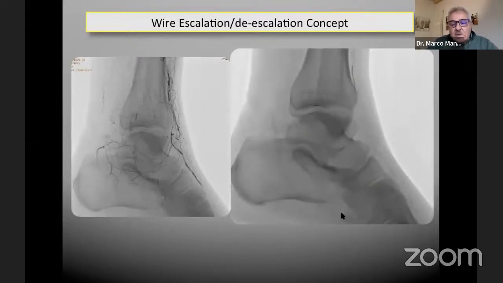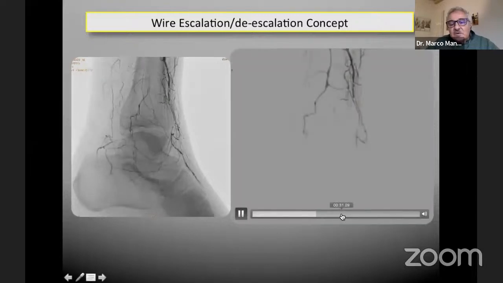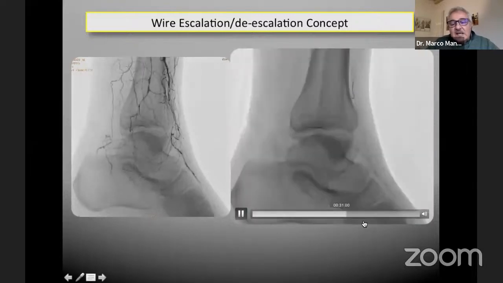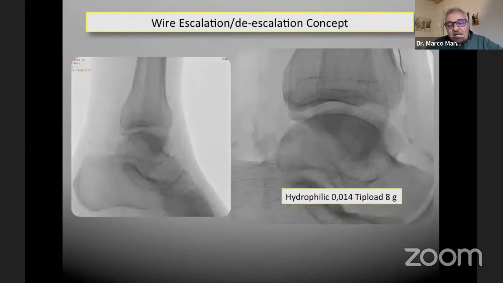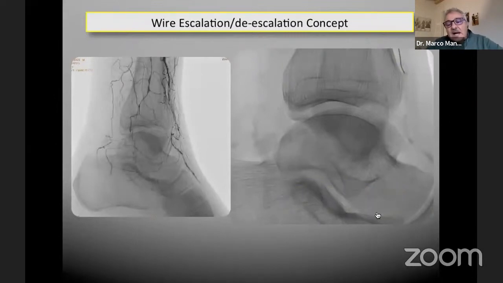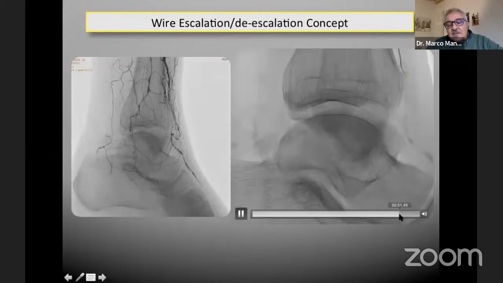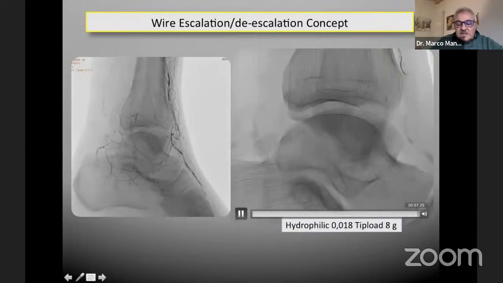Of course, it was not possible to cross, so we tried to increase the power of penetration, and we shift from a 0.014 to a hydrophilic 0.018 wire with 8 grams in the tip. But again, it was not possible to cross this lesion.